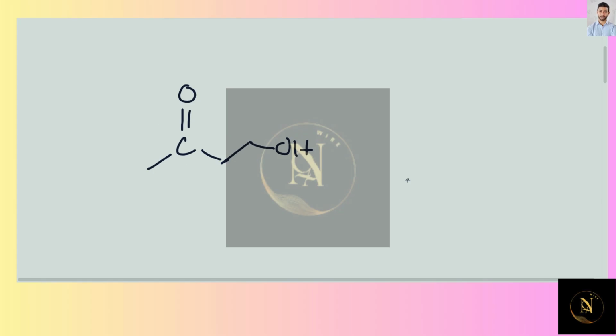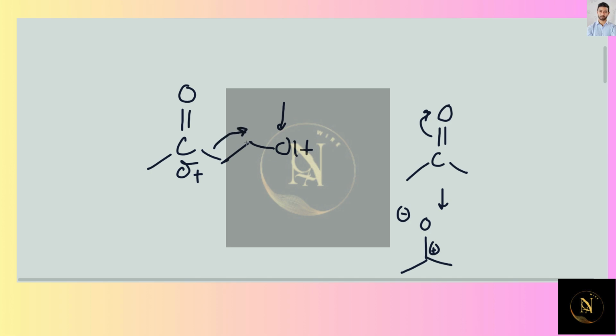Well, we know with carbonyls that the major resonance form is one in which the lone pair goes up onto the oxygen, giving us a positively charged carbon and a negatively charged oxygen, which means that this carbon is typically partially positive. And to some extent, this oxygen will be pulling electron density through the sigma bonds as well, making this very slightly more partially positive than it would be otherwise. So through the inductive effect, we expect this to be withdrawing.